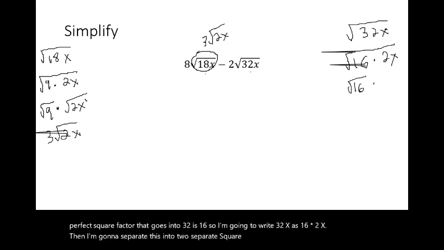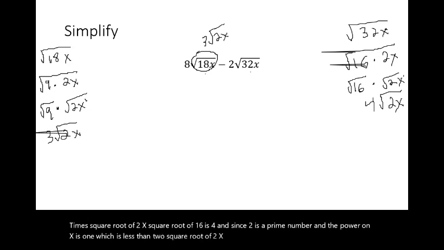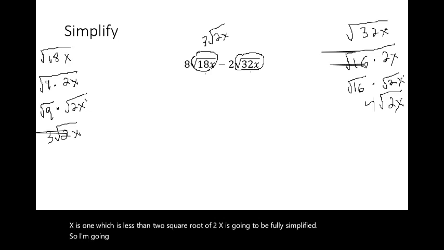Square root of 16 times square root of 2x. Square root of 16 is 4. And since 2 is a prime number and the power on x is 1, which is less than 2, square root of 2x is going to be fully simplified. So I'm going to then replace square root of 32x with its simplified version, 4 square root of 2x.